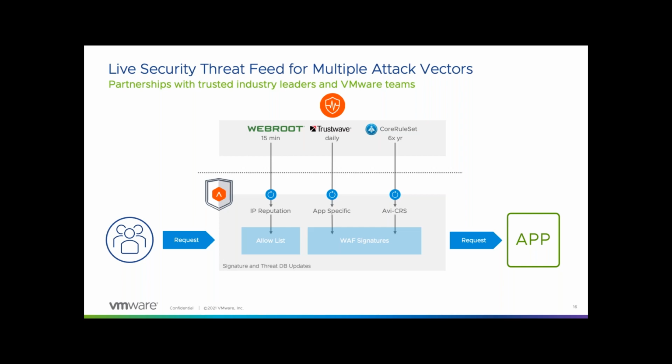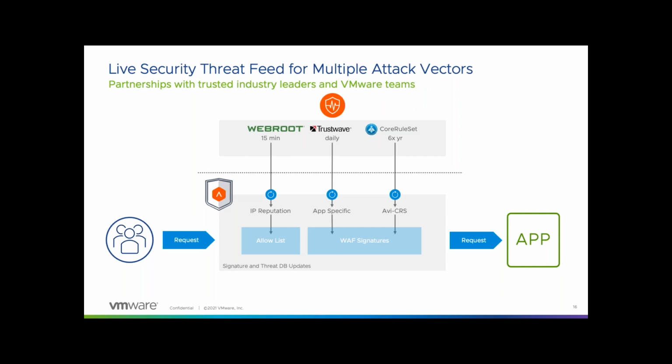And the aim of this is to reduce or eliminate false positives, actually, and also gain a lot better performance as compared to the plain CRS rules, which scan for a wider variety of threats. Now, these application-specific signatures get updated almost every day.